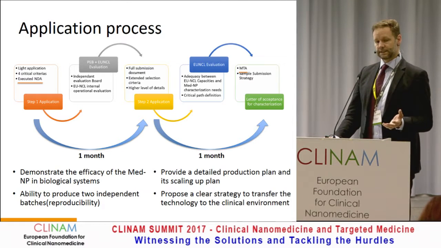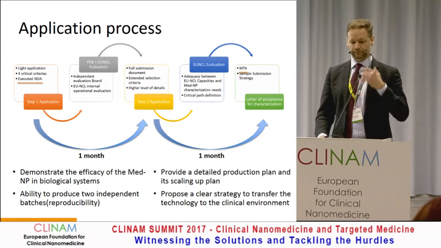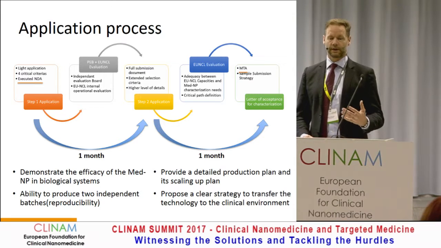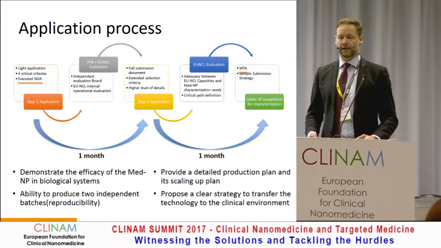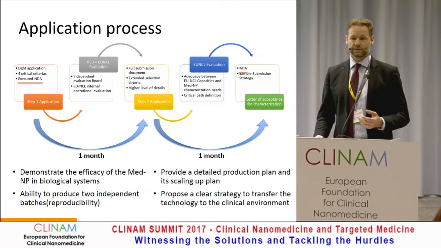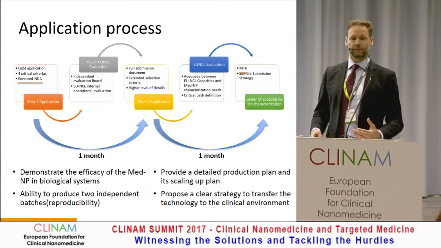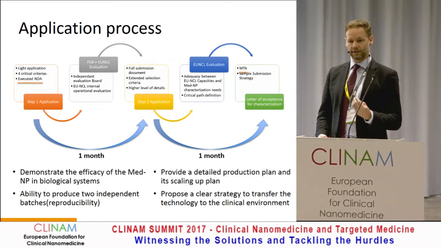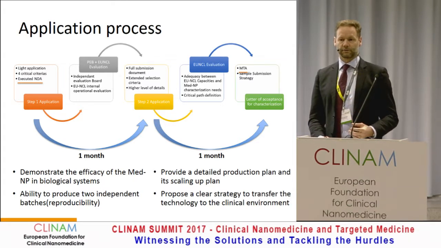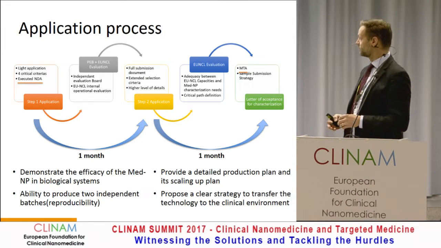Then if you are selected for the second step, we are asking for a more detailed application where we will push your material description, your existing results description a bit further, and we will interact with you either in a face-to-face meeting or in a web conferencing system, so that we really have our experts tackling your technology in order to get the substantial details of your technology in order to really adapt our cascade to your technologies.